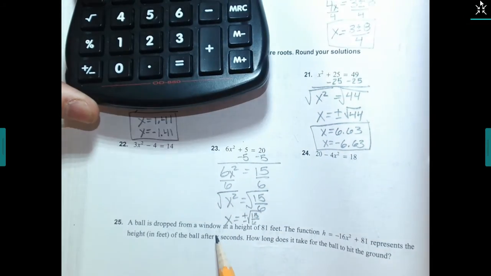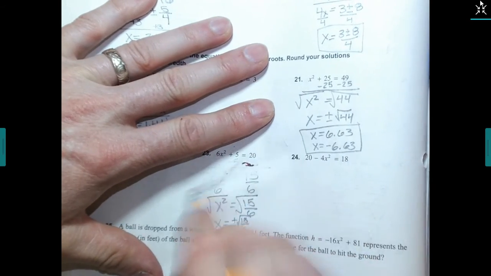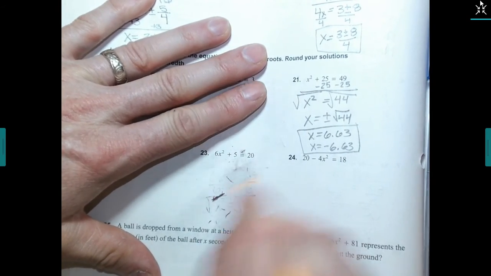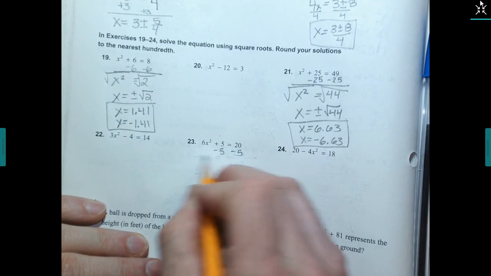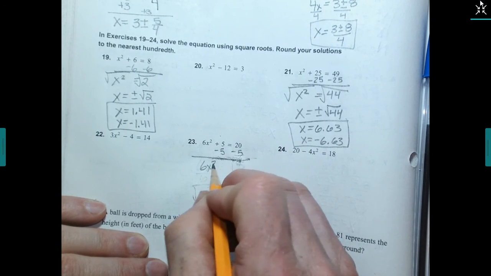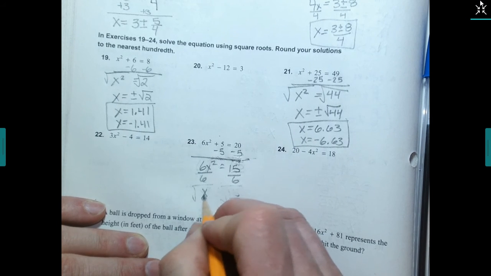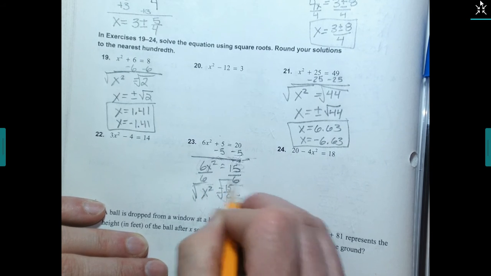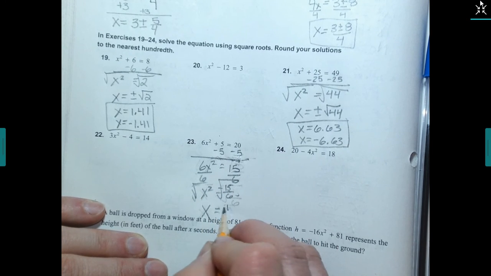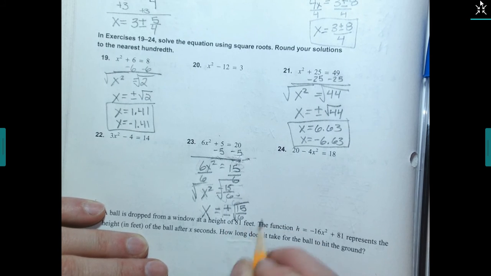Oh, did I not even show that one? Good heavens. It's making this video long when I don't show you guys the work. Minus 5 on both sides, so I get 6x squared equals 15. Divide by 6, x squared equals 15 over 6. Square root both sides, so x equals plus or minus the square root of 15 over 6.